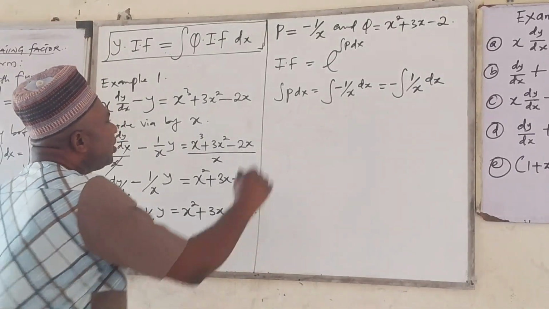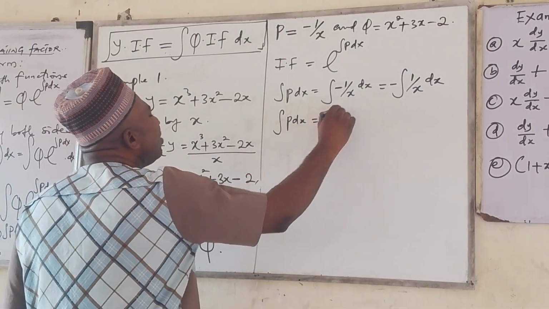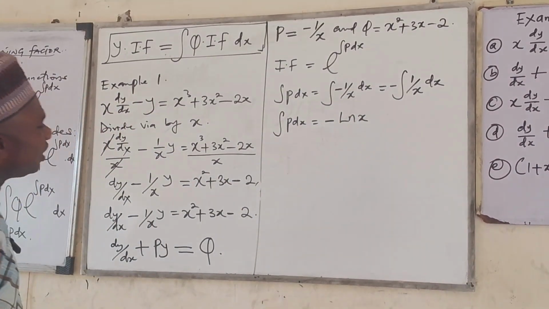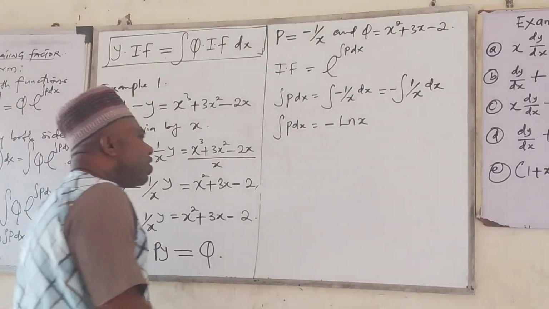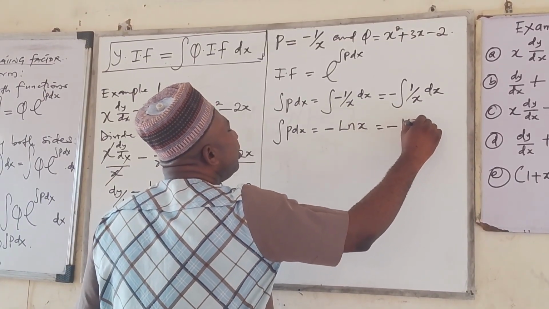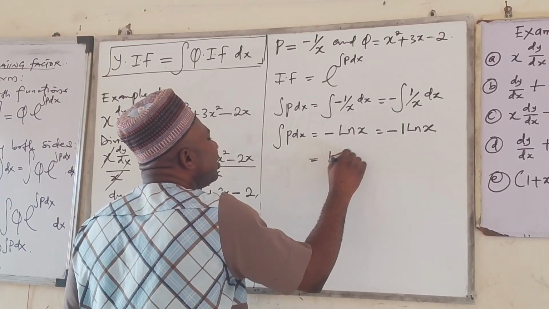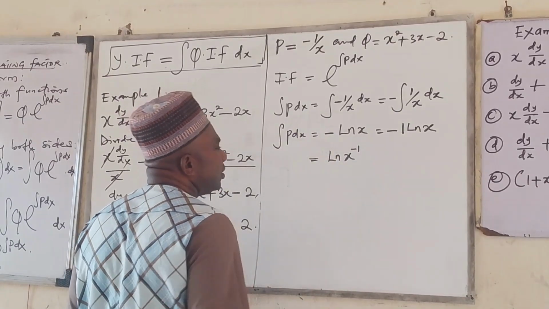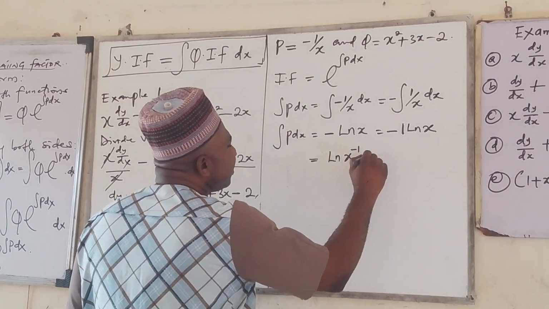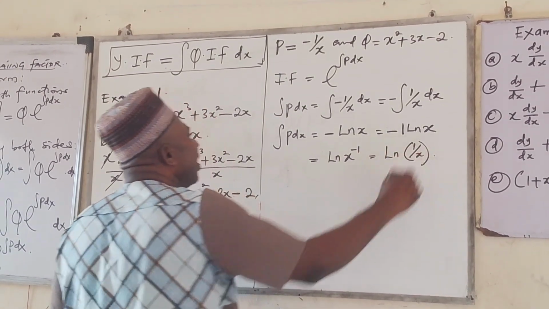It means integral p dx will be equal to minus ln x. We know this is the same as minus 1 ln x, which is ln x raised to the power of minus 1, which is the same as ln 1 all over x.